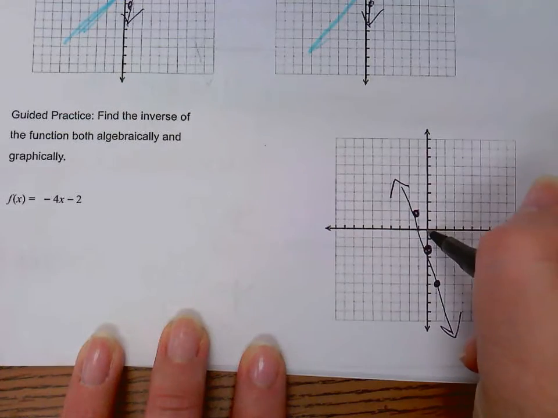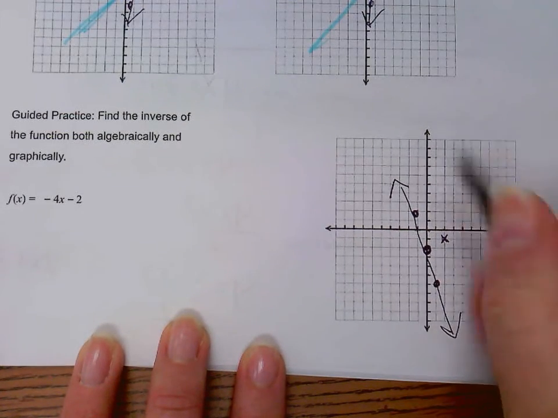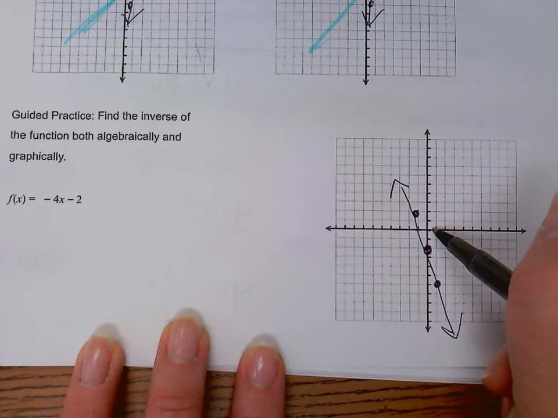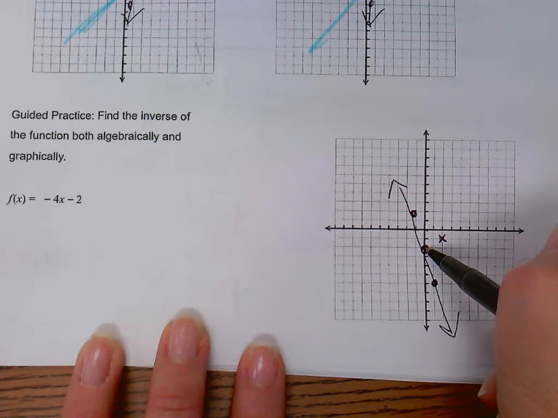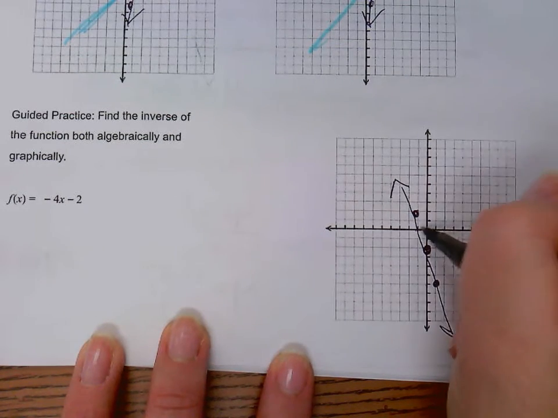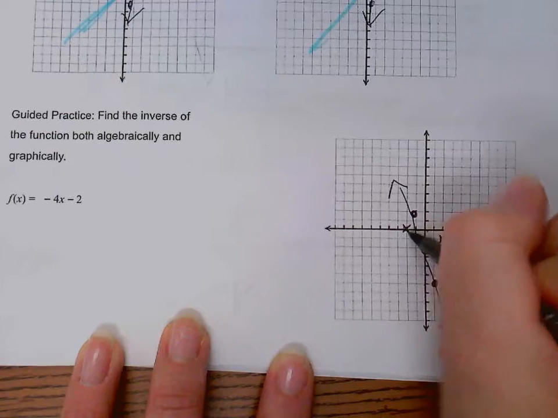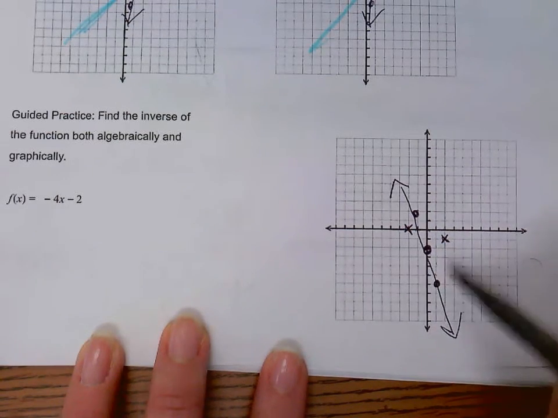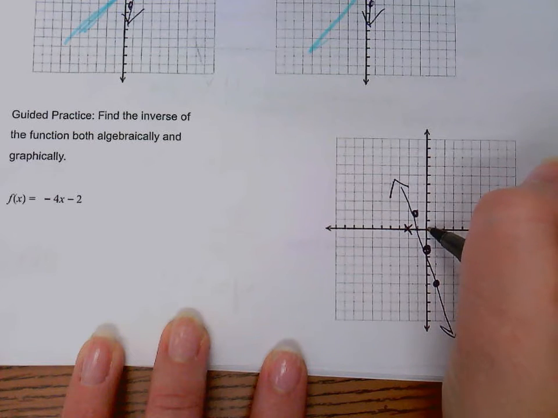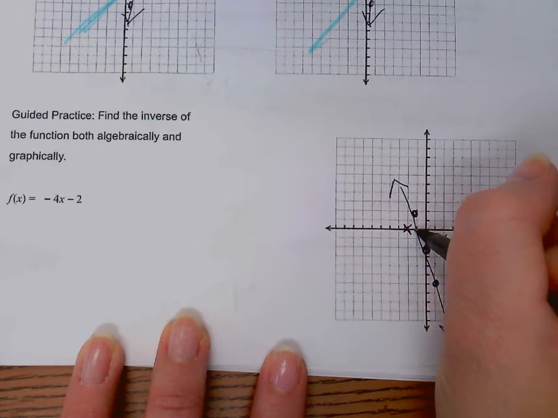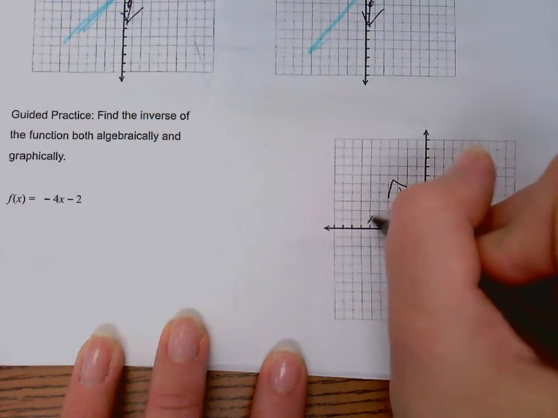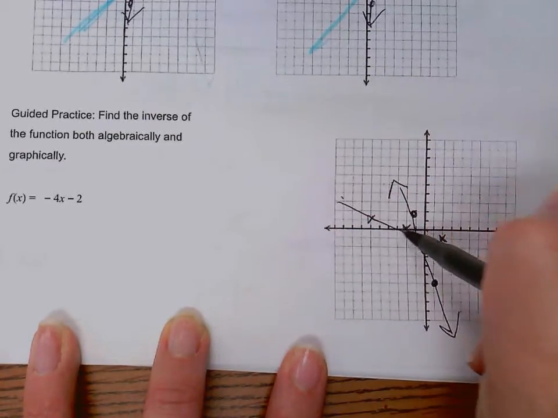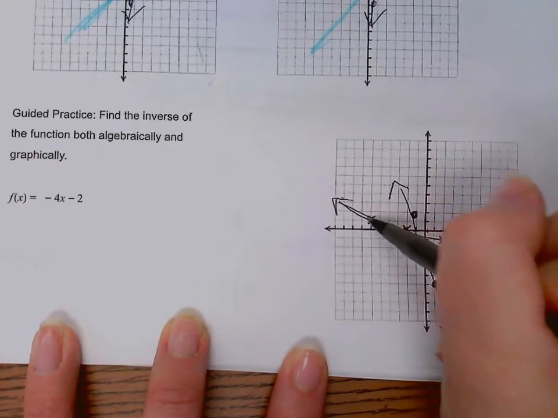So I'd have 2, -1. This is at -2, 0, so -2, 0. And 1, 1, 2, 3, 4, 5, 6, so 1, 2, 3, 4, 5, 6, 1. That looks like that, right? Oh, it should have been a straight line.